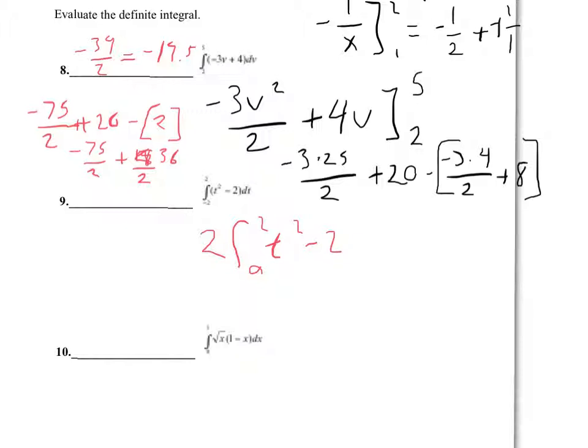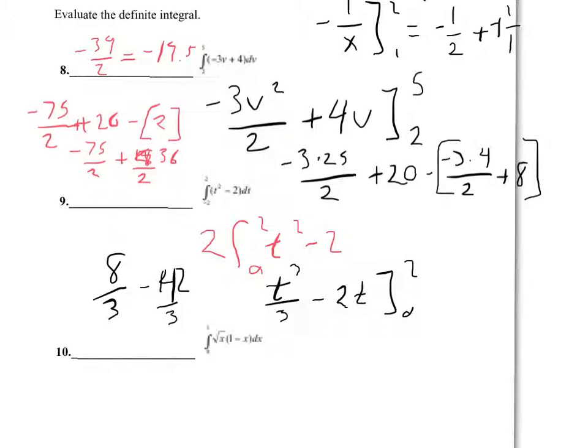Alright, power rule says, add 1 to the power, so it's t to the 3rd over 3 minus 2t, and we will go from 0 to 2. Alright, 2 to the 3rd is 8 over 3 minus 4, like that. Change that to base 3, so it's a 12. So then I should end up with, wait a minute, did I do that right?